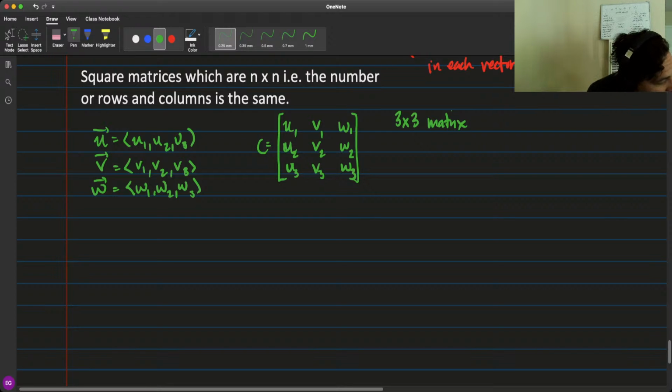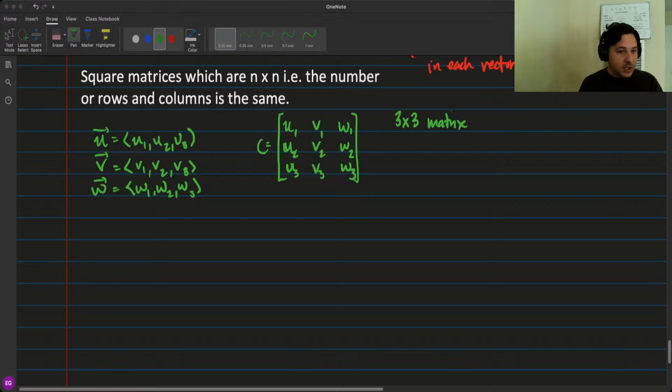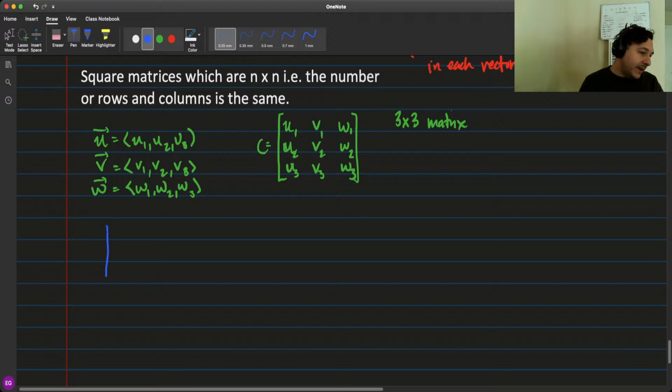So let's talk about how you compute these determinants. Whenever you draw a matrix, you usually put square brackets, but if you want to calculate the determinant, you put vertical lines, like absolute value brackets. So let's do this as a row matrix.